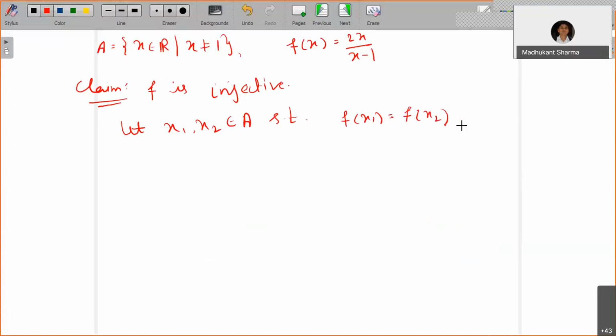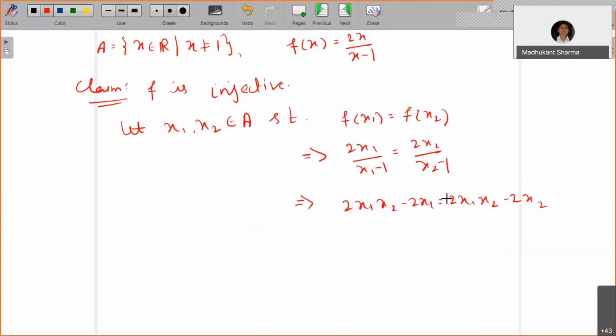Then if you show that x1 equals x2, you are done. So this implies, by definition, 2x1 by x1 minus 1 equals 2x2 by x2 minus 1. So this implies, by cross multiplication, 2x1x2 minus 2x1 equals 2x1x2 minus 2x2. So this will get cancelled. This implies x1 equals x2. So it implies f is one-to-one.